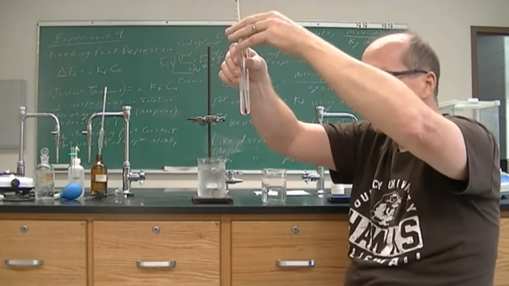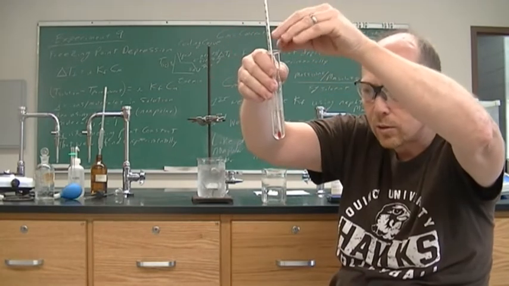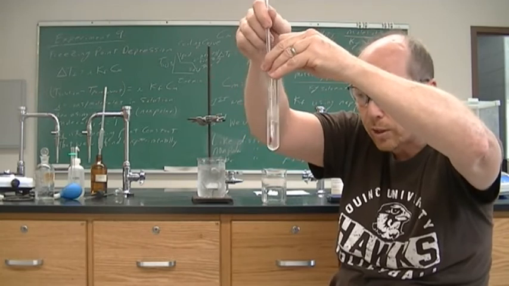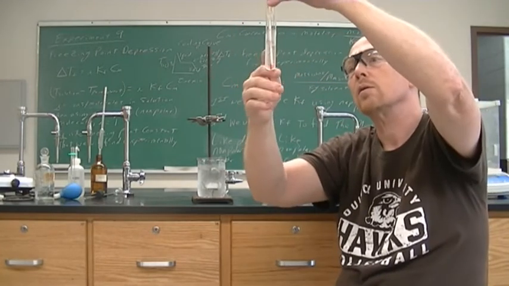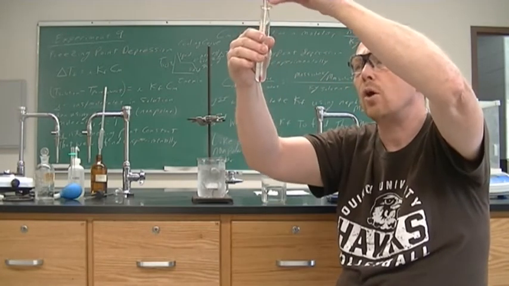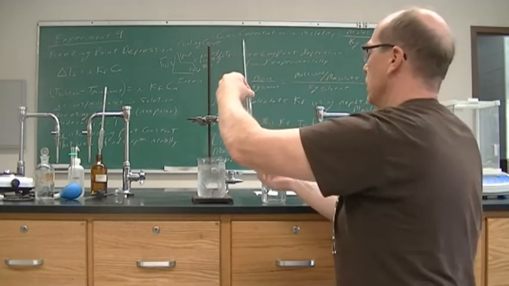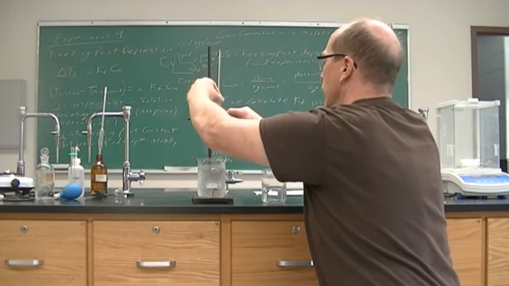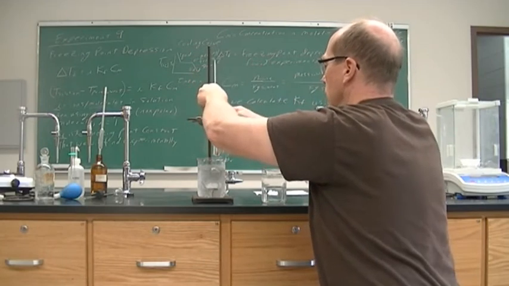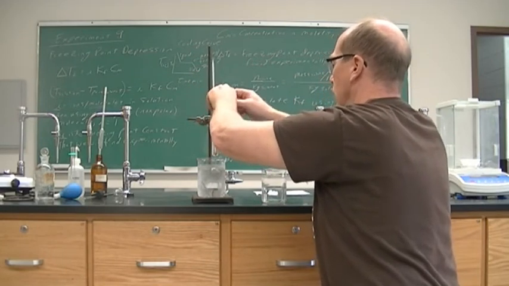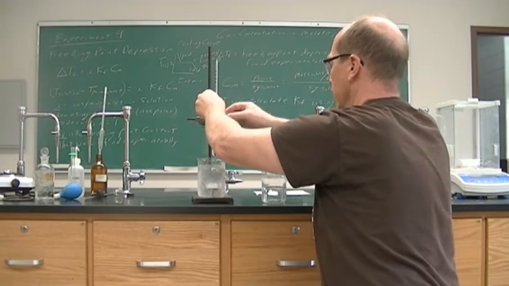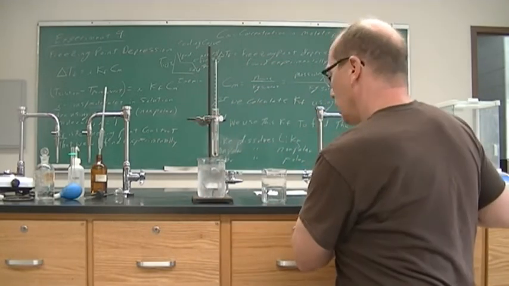All right, so I don't see any solid in here now. There's no solid naphthalene. All right, so it is all dissolved in my cyclohexane. So now I'm ready to freeze my solution of the cyclohexane and the naphthalene.